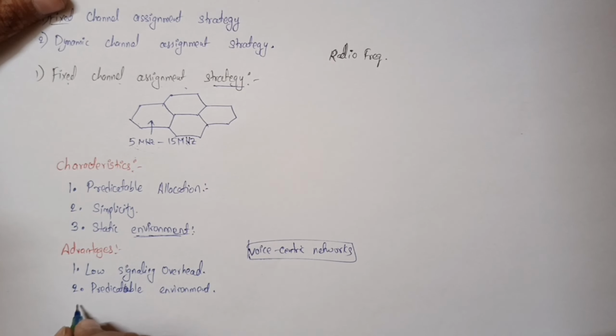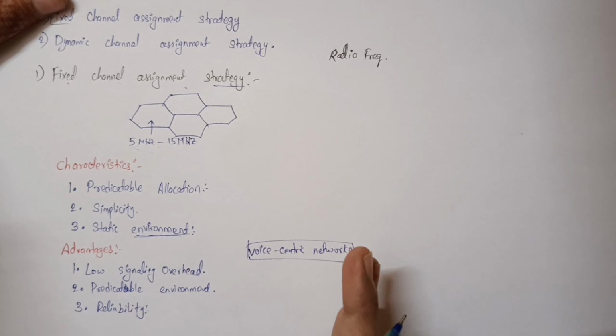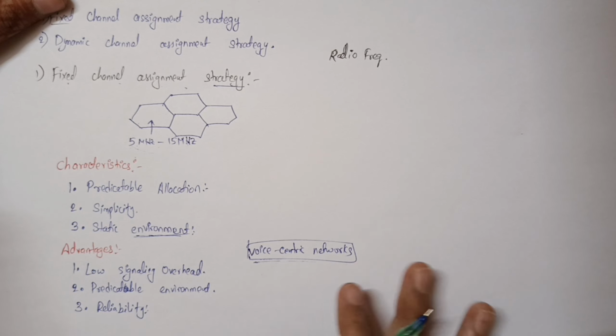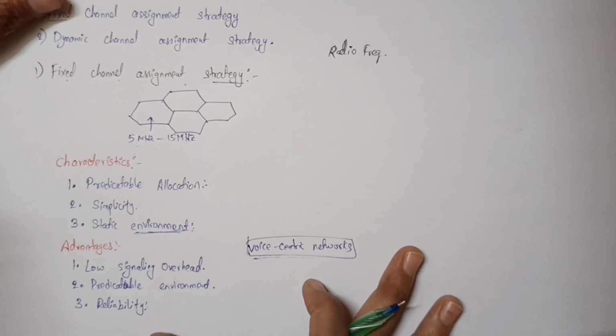Now the third advantage is reliability. In fixed channel assignment the channels are fixed, which can contribute to a reliable and consistent channel allocation, especially for voice services. Okay, these are the advantages.